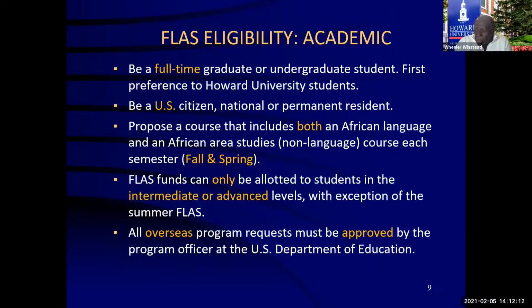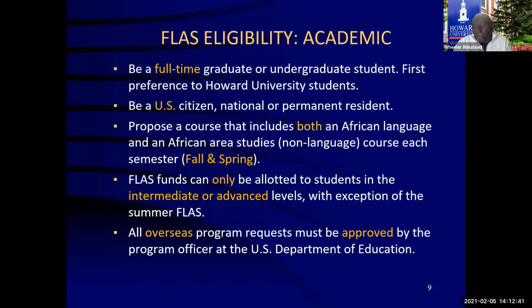And the funds are only allocated to students at the intermediate or advanced level, with the exception of the summer FLAS. So in the academic year, this cannot be your first semester taking an African language. You have to have taken at least one semester of an African language. You will not qualify if this is your first semester.